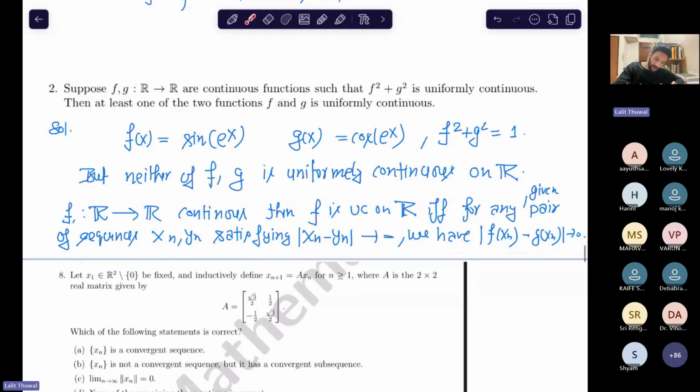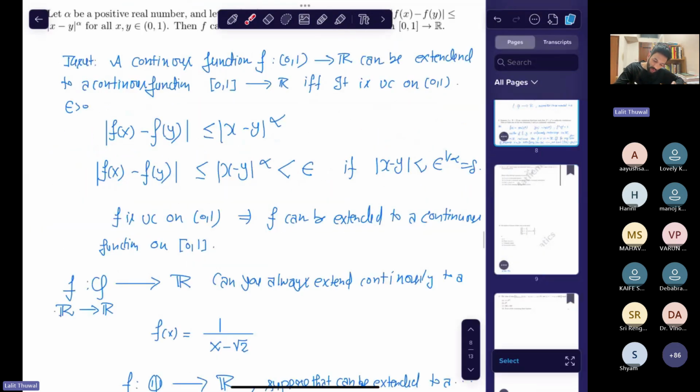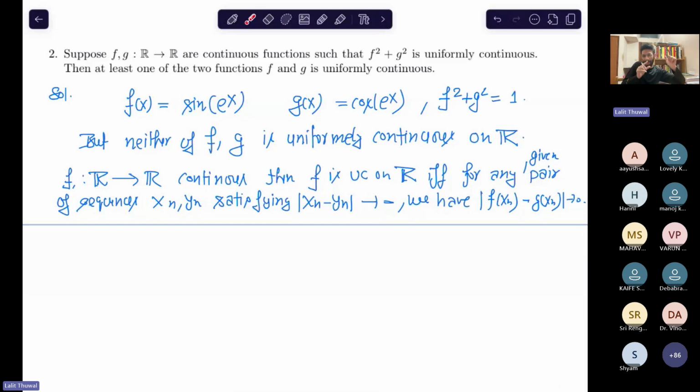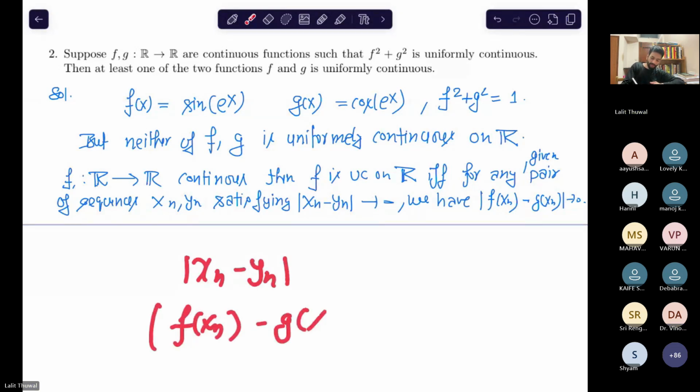So if we want to show that some function f is not uniformly continuous, what will we do? We try to find a pair of sequences xn and yn such that mod of xn minus yn goes to 0, but the sequence f(xn) minus f(yn) does not go to 0.